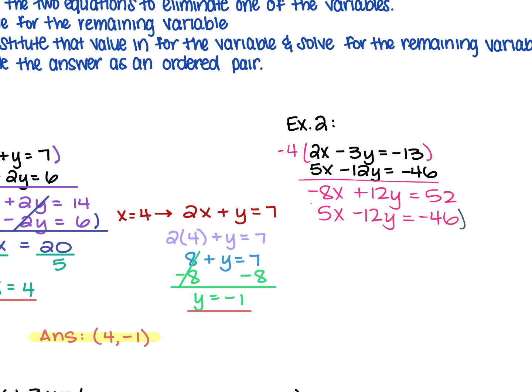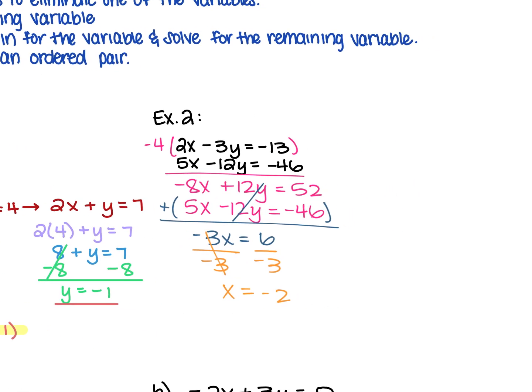From here, we add just like we did in part 1 because we have opposites for our y values. Those y's are going to cancel. Since they're opposites, the -8x plus 5x gives us -3x, and 52 minus 46 is 6. From here, divide each side by the -3, and you get that x is -2.